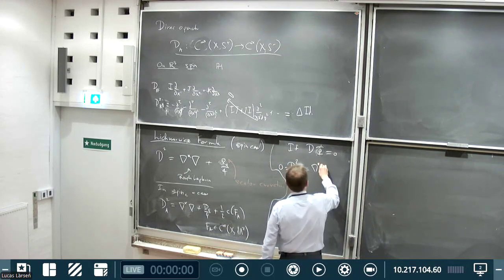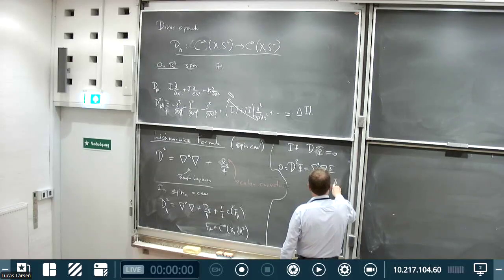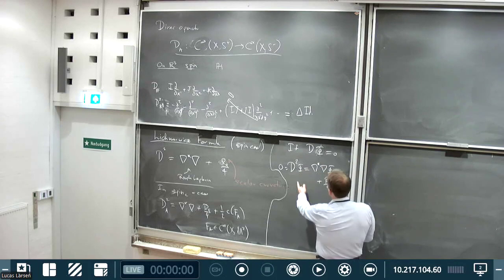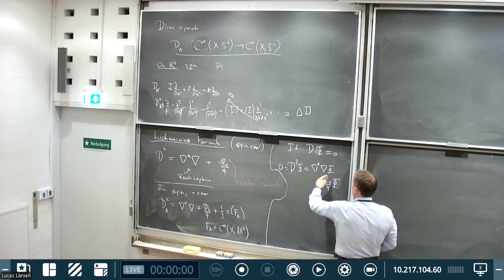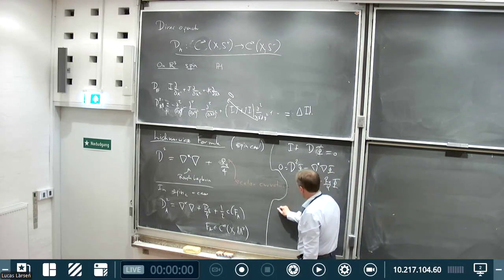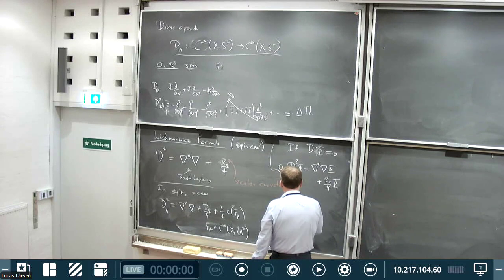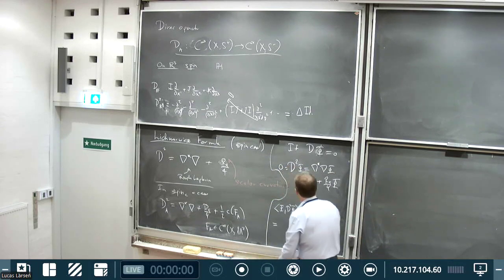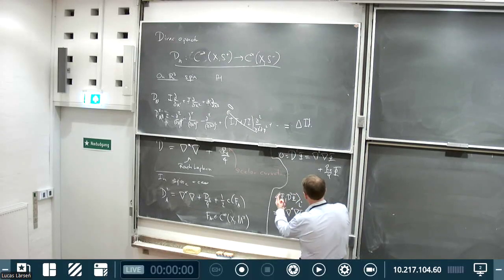That's the covariant Laplacian plus the scalar curvature term. Now I can take this pointwise equality, take the inner product with phi and integrate it over the manifold. So the L2 inner product of phi with D squared phi is going to be equal to the inner product of the covariant derivatives, plus the curvature term.